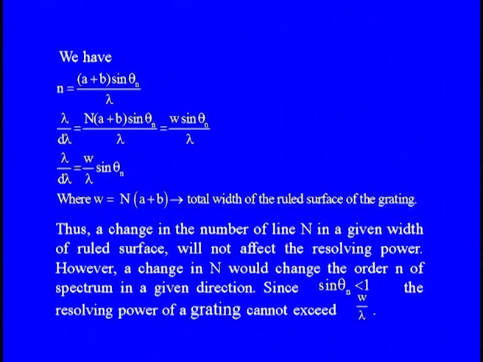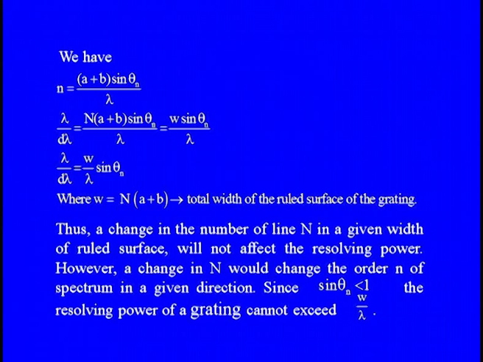We have small n is equal to (a plus b) sin theta n by lambda. So, we can also write the resolving power lambda upon d lambda equal to capital N times (a plus b) sin theta n upon lambda, which we can write equal to w sin theta n by lambda, where w is equal to capital N times (a plus b), which is the total width of the ruled surface of the grating.